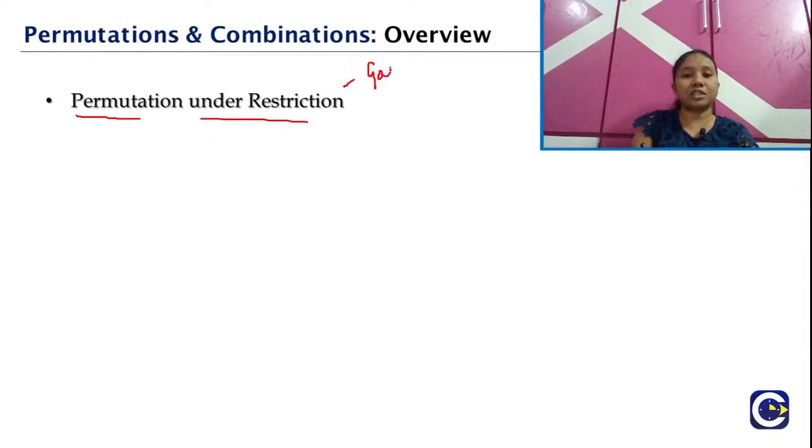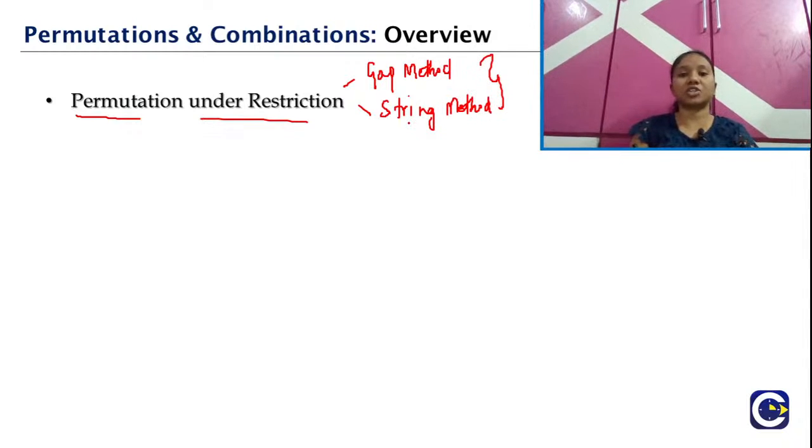One is the gap method and the other one is the string method under the permutation restriction concept. So we have understood these two methods and we have done questions related to gap method as well as string method. So with this we have almost finished our permutations concept.